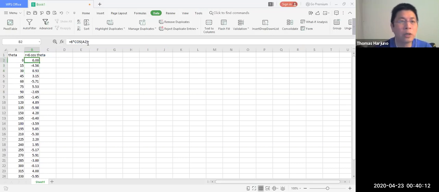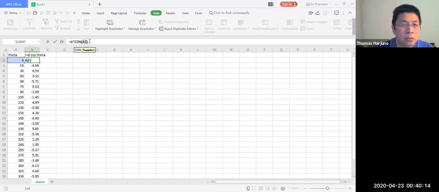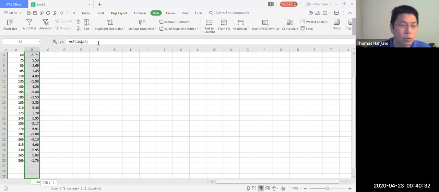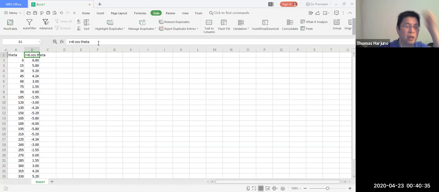What am I doing? I had my pi earlier here, times pi divided by 180. No wonder the number looks so wrong. Okay, this looks a lot better.